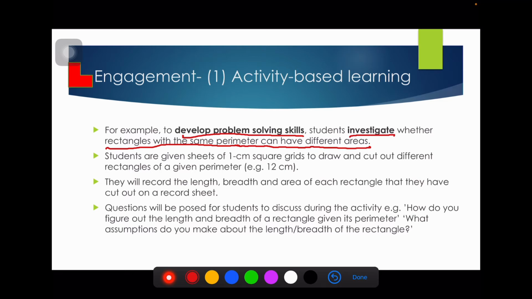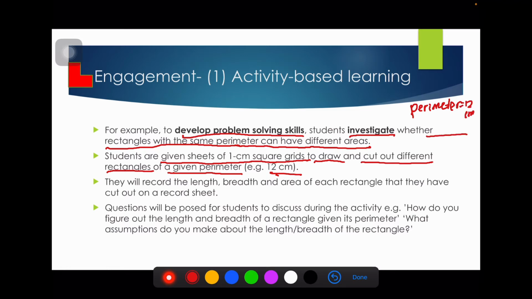Students are given sheets of 1 centimeter square grids to draw and cut out different rectangles of a given perimeter, for example 12 centimeter. So the perimeter is 12 cm.